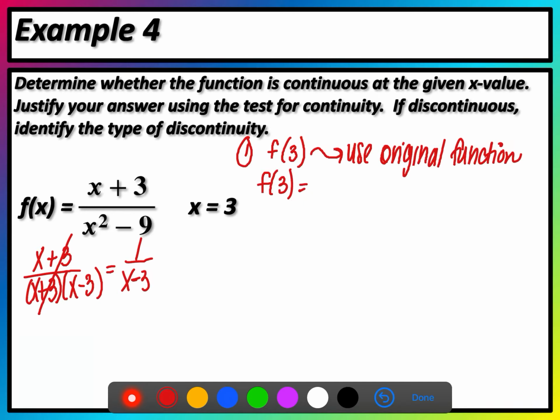Okay, so when I evaluate at 3, okay, I want to see that this is undefined.